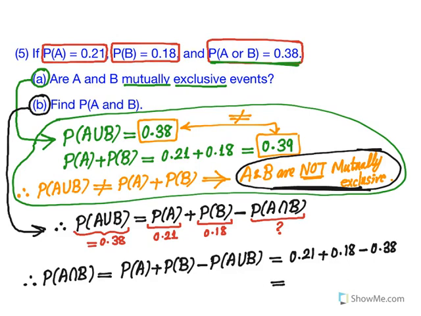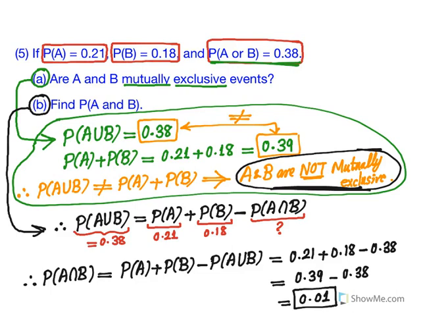The first two give you 0.39 minus 0.38, which is 0.01. So this is the probability of A and B.